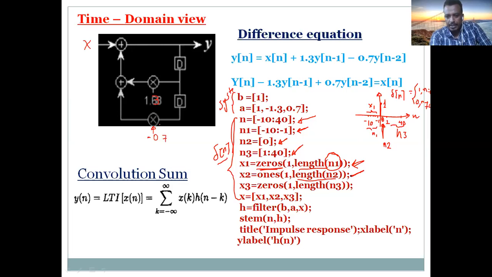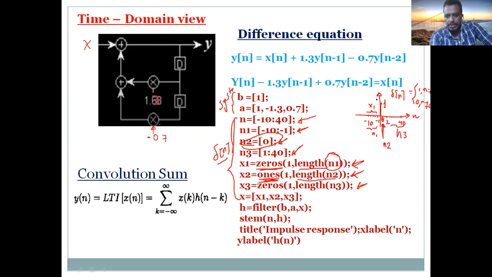Second signal x2, only the length of n2. What is n2? n2 contains only 0. At 0, what is the impulse? It is 1. So as you can see here, x2 is ones in MATLAB, which gives a magnitude 1. Next, x3.